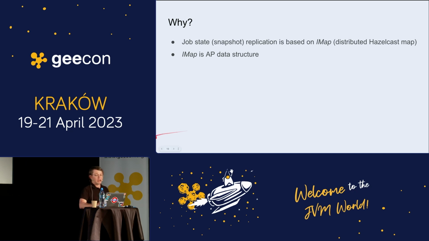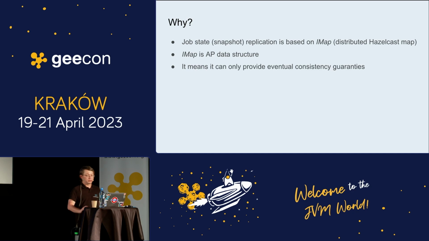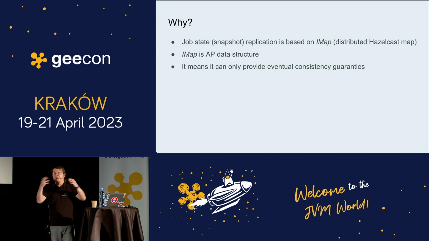So it is an availability-partition-tolerance data structure in terms of the CAP theorem. And this theorem says that in that case, you can only provide an eventual consistency guarantee. So this replication is broken by definition.